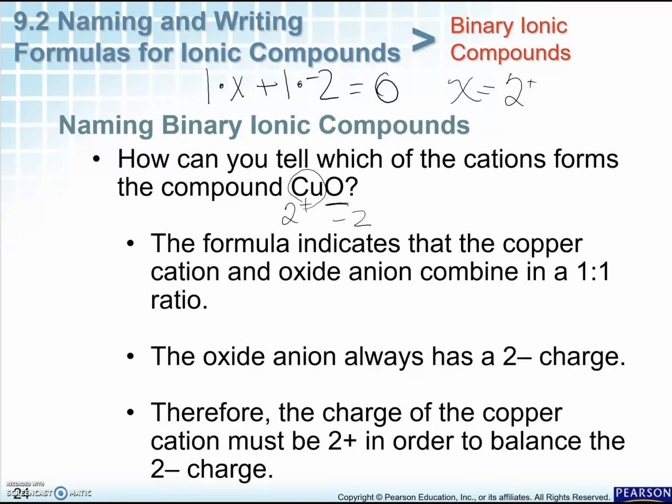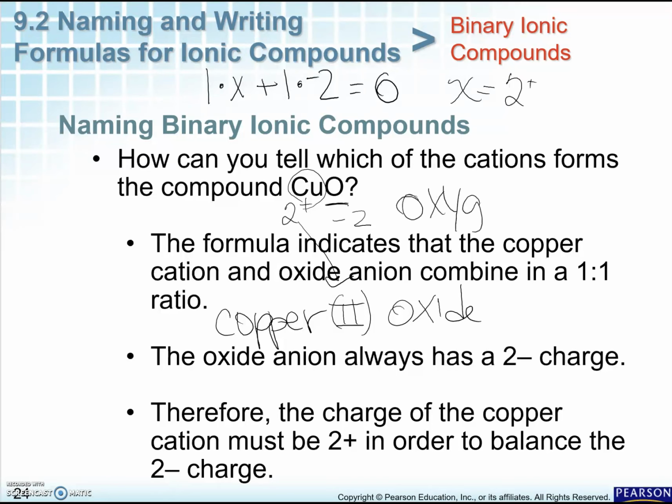So in order to show that in the name, you would write out the name written on your periodic table with the Roman numeral 2, because that's the charge, followed by oxide. Remember, O stands for oxygen, but you drop off that second syllable and add IDE.